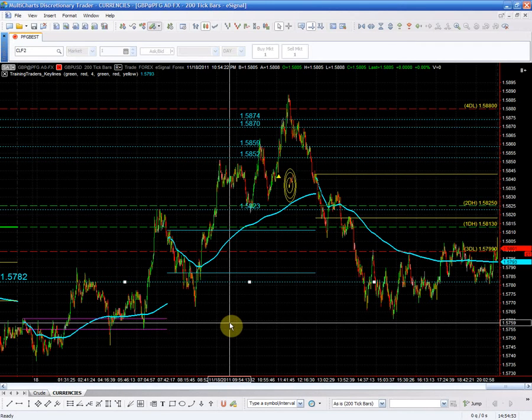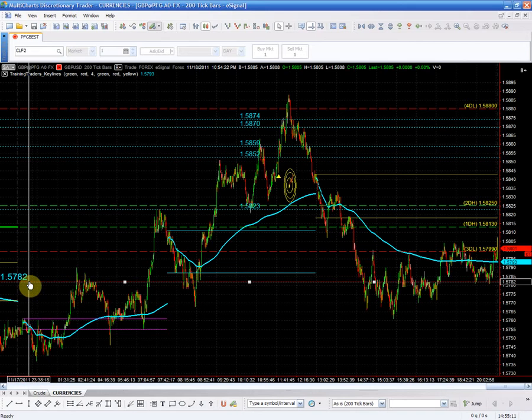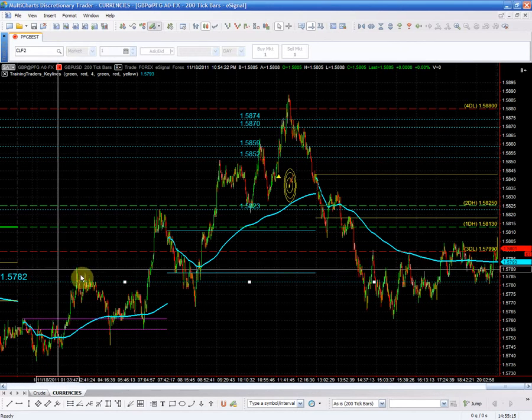Now you want to see, guys, the significance of a structural point that you identify from your daily chart, and then when you take that price point and transpose it on your intraday chart, you will find out how the market respects it.